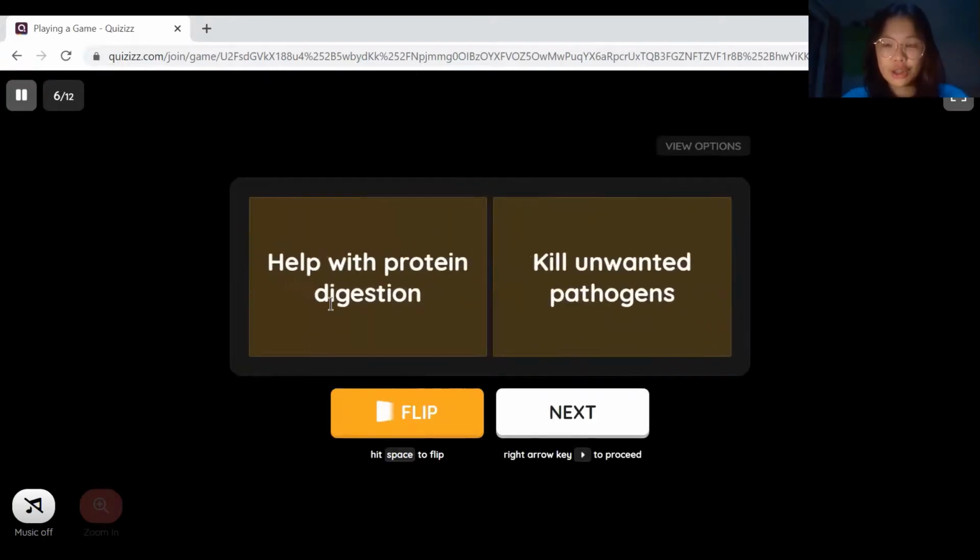Right, so these are the two functions. They help with the digestion of proteins as well as killing unwanted pathogens. As we eat, the food we eat may contain some bacteria. So with the low pH of the stomach condition, the pathogens and bacteria will die and will not try to infect us.